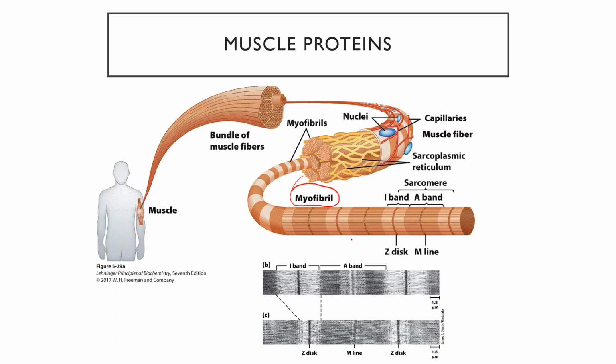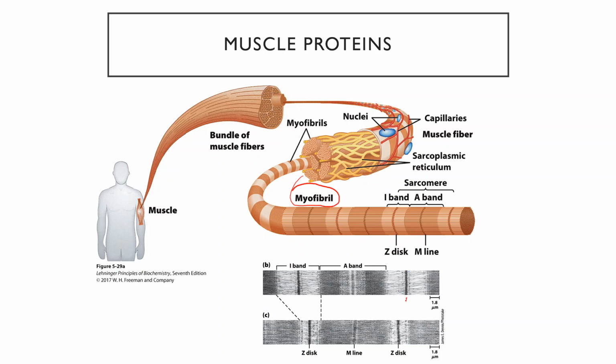But if you look at a myofibril up close, it has this kind of striped appearance to it. And in fact, sometimes skeletal muscle is also called striated muscle, which just means striped or layered. And it's called that because, again, these bands exist within the structure. The boundaries of each one are these structures called Z discs.